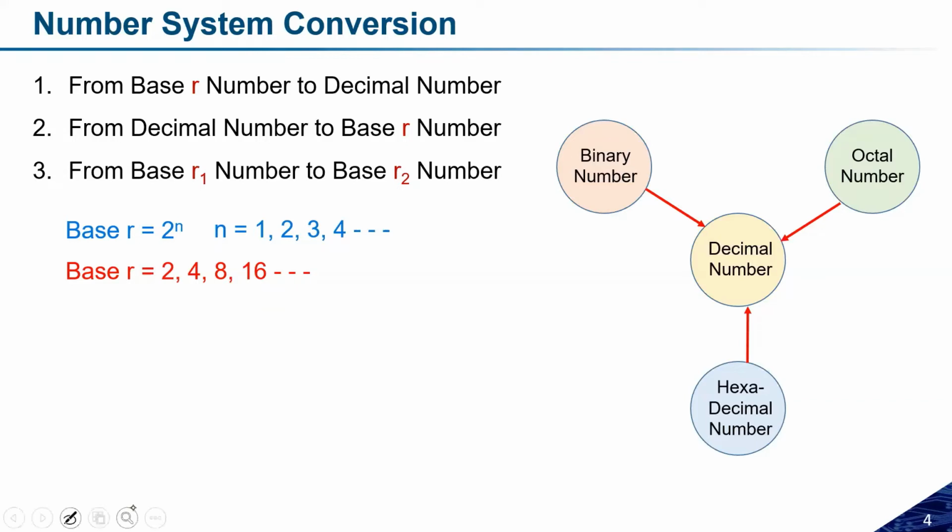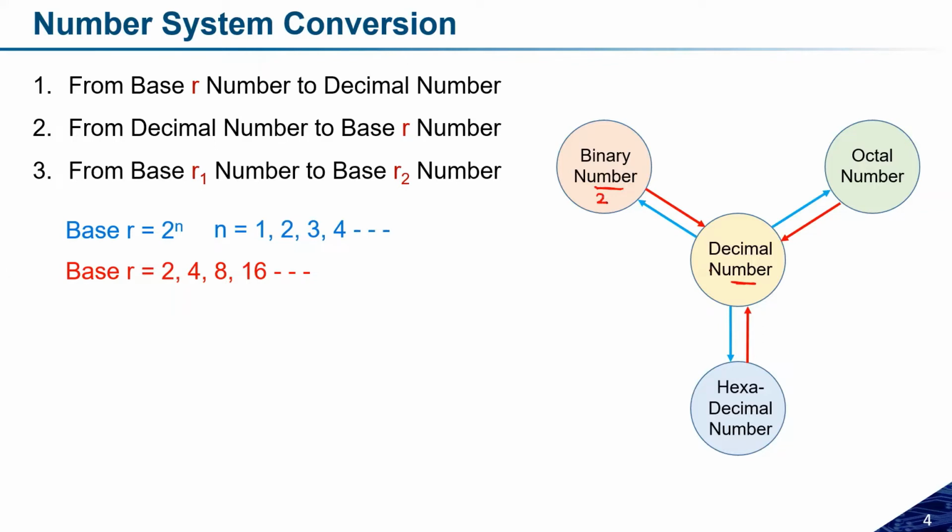The second possibility is the opposite: decimal to binary, decimal to octal, or decimal to hexadecimal number system. In that case, for the integer part, we have to divide by the base to which we are converting. Suppose I have a number in decimal and I want to convert it into binary, and we know that the base of binary is 2.